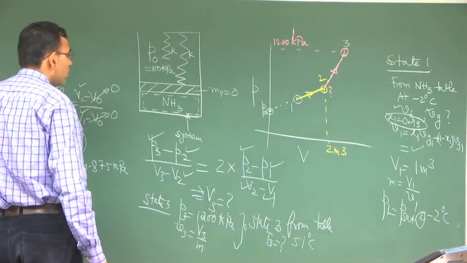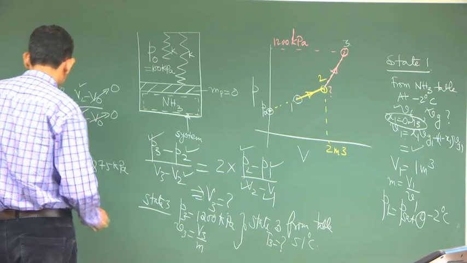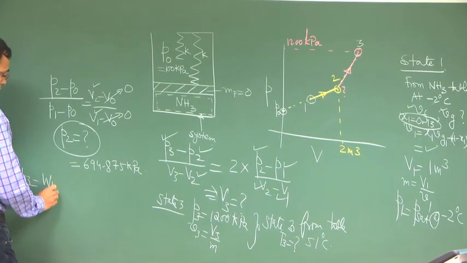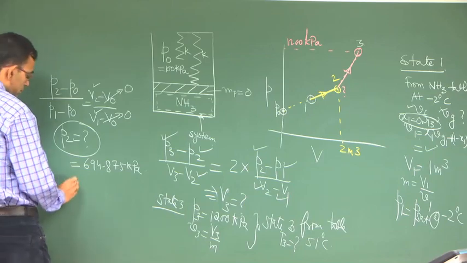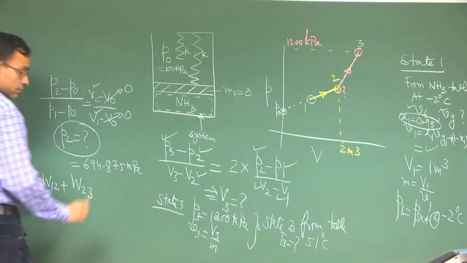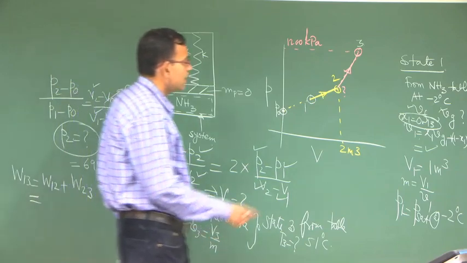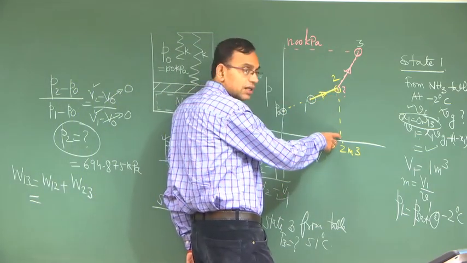And what is the total work done? So, W12, this is again a trapezium area under this.